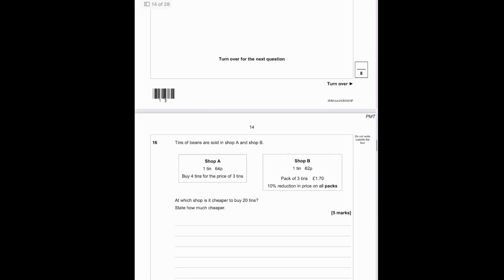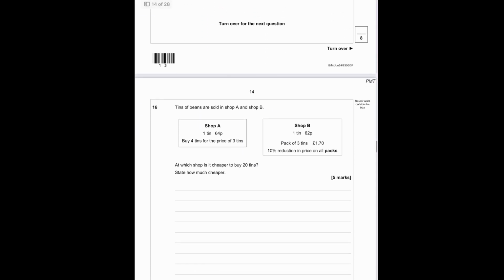Tins of beans are sold in shop A and shop B. At which shop is it cheaper to buy 20 tins? So if I buy 20 tins here, 1 tin is 64p, but I buy 4 for the price of 3. So if I want 20, I would buy 1, 2, 3 and get 1 free, and so on up to 20. So I would need to buy 15 tins.